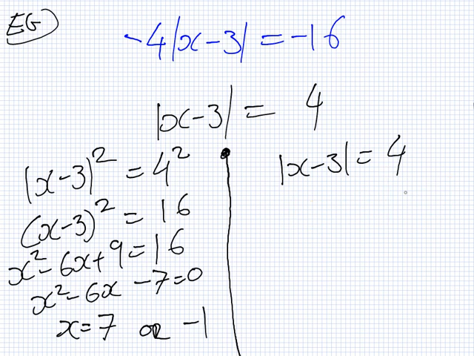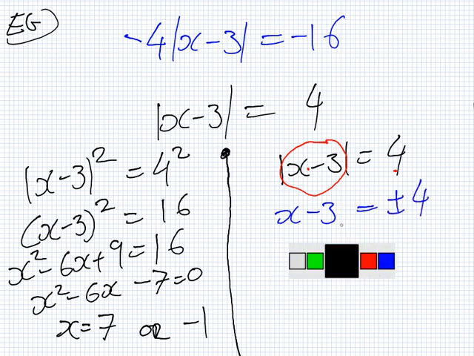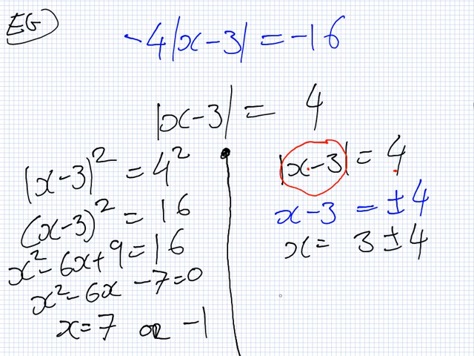So what I'm saying here is, this piece here must be plus or minus 4. It's the only way the absolute of it could be 4. I mean, it can't be 5, because then here would be 5. So you have that x minus 3 must equal plus or minus 4. So then that means x equals 3 plus or minus 4. So that means x equals 7 or minus 1.